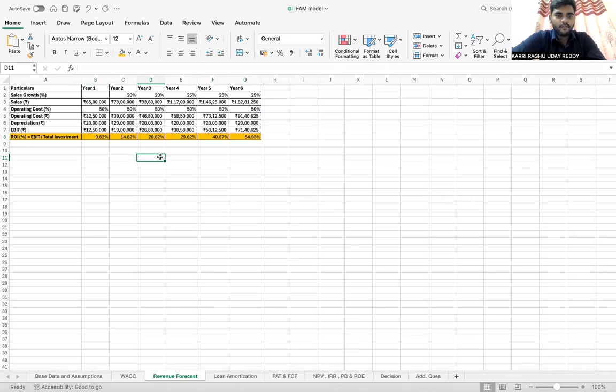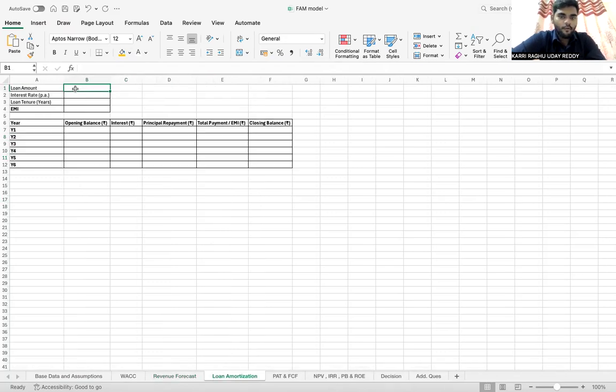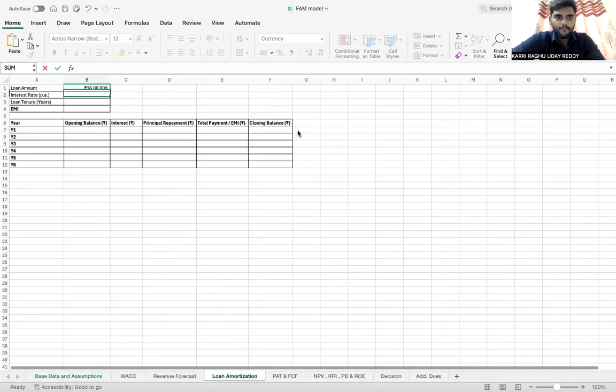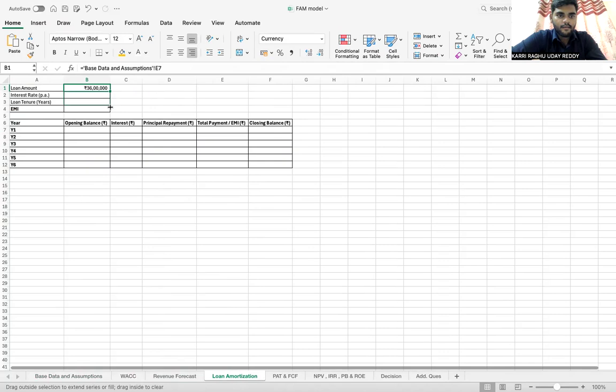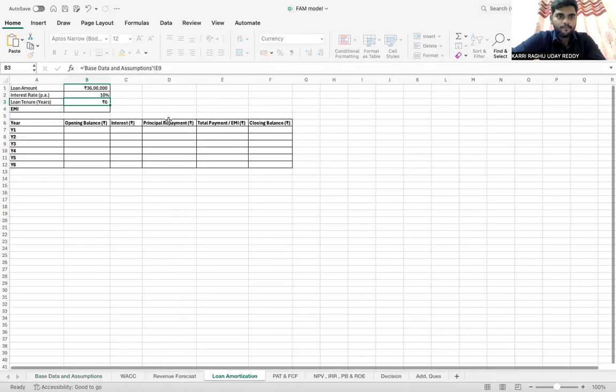Now let us proceed to loan amortization to calculate the principal amount and interest amount, which will be used in the calculation of PAT. The loan amount is given here in base assumptions, 36 lakh. Now let me drag the same values here. Interest rate will be 10%.